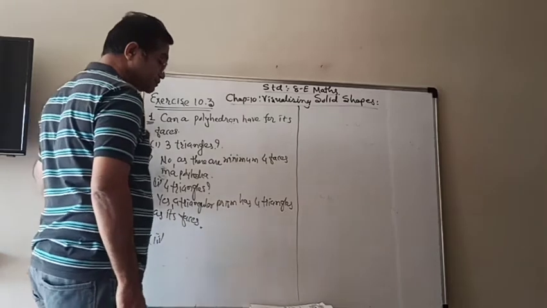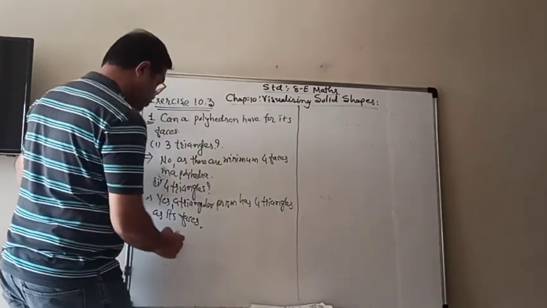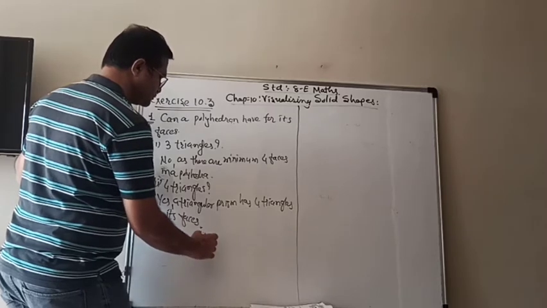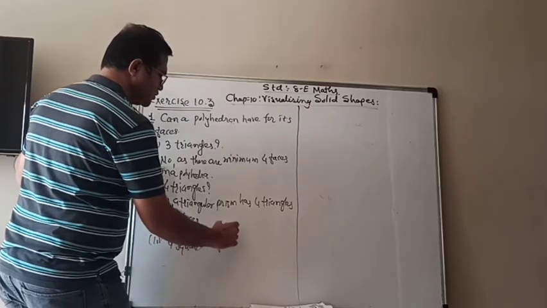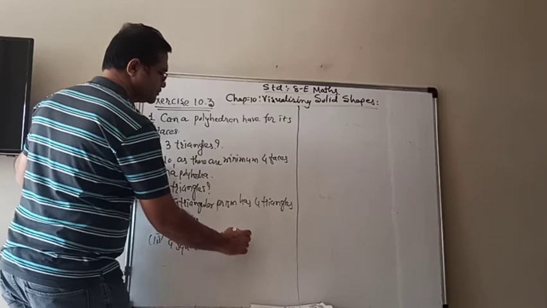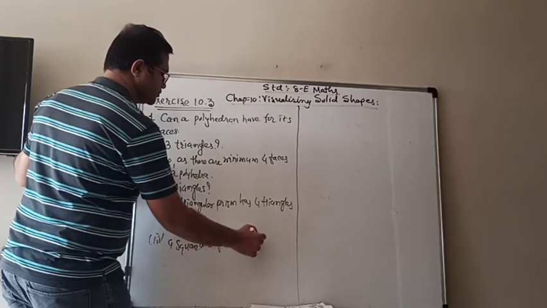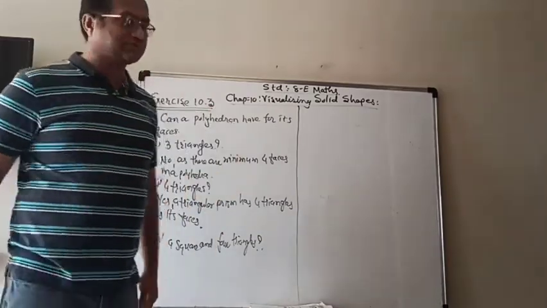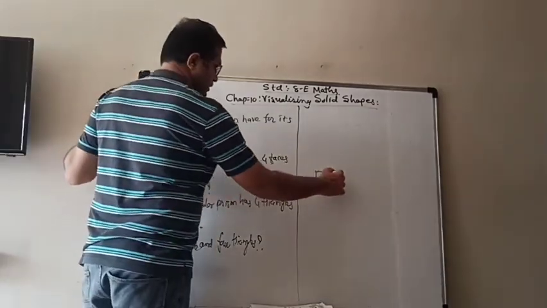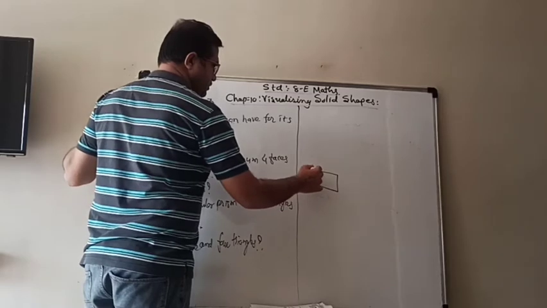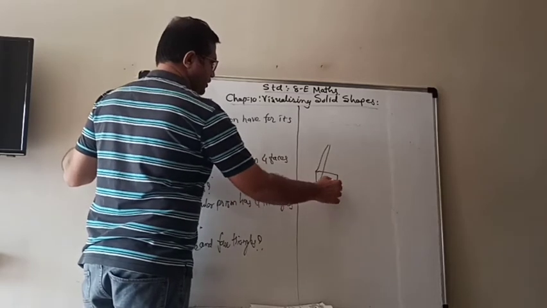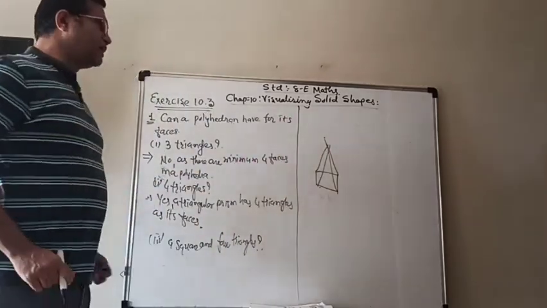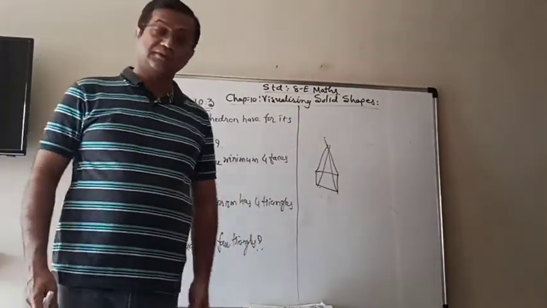Third one, a square and 4 triangles. Now if you think, square is a base. So if it has 4 triangular surfaces to make a pyramid, then it is possible.